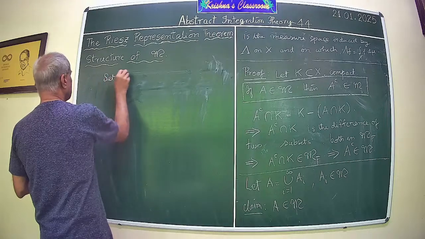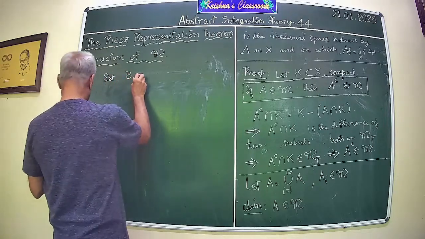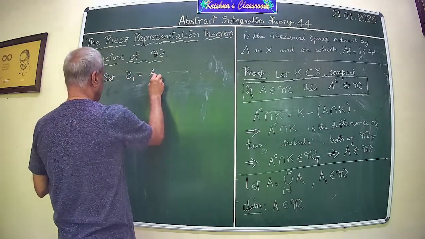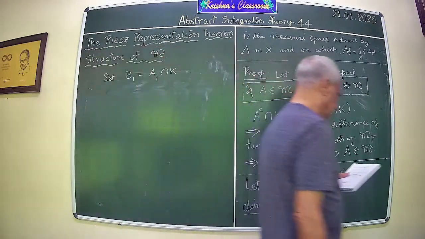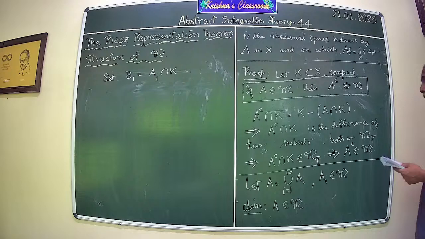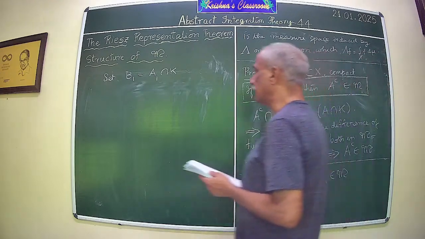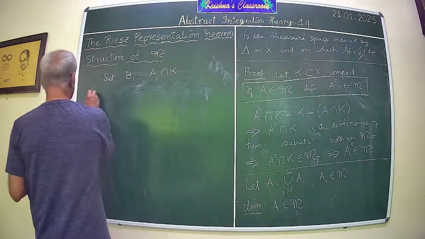Set B1 equal to A1 intersection K, where K is any arbitrary compact set. Okay, so we fix the compact set K, and K is any arbitrary compact set.